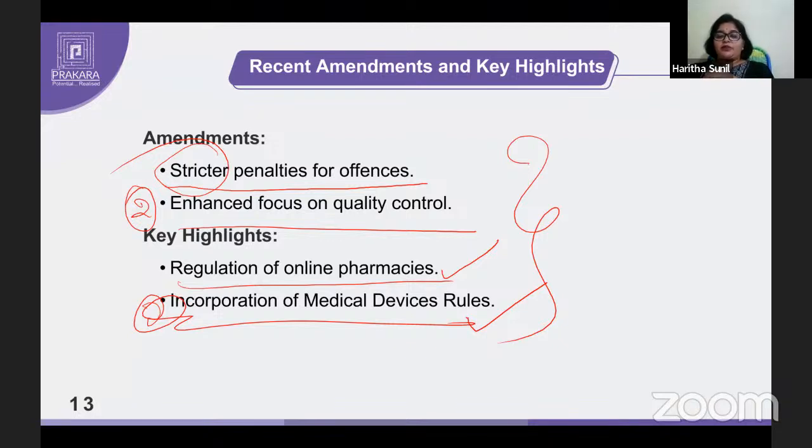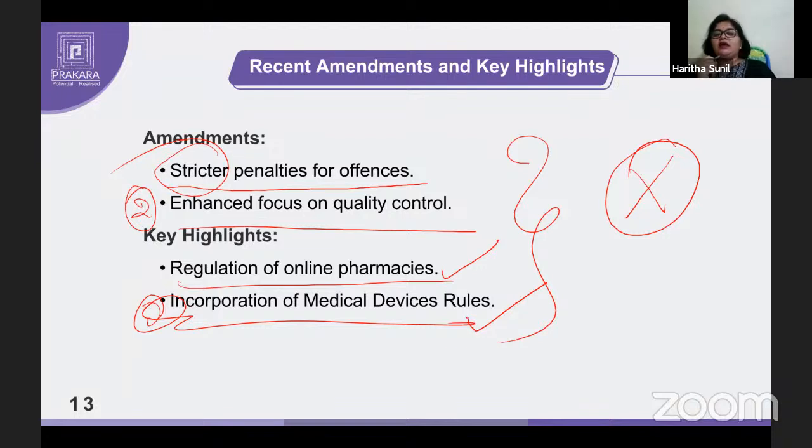For example, if a company has not complied with the Drugs and Cosmetics Act by producing adulterated and spurious drugs, and once the license is cancelled, then at no time again can he open his company. Okay. And we have also seen the compliance and ethical practices.